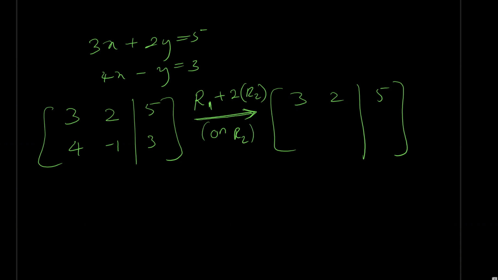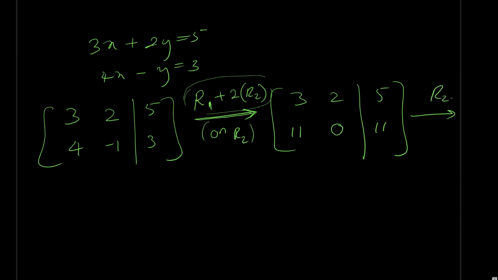So I replace my second row by this operation. That's what it means in this notation. So 3 plus twice 4, 8, 11. And then 2 plus twice negative 1, negative 2, so 0. 5 plus twice 3, which is 6, so 5 plus 6, 11. See, I got that.